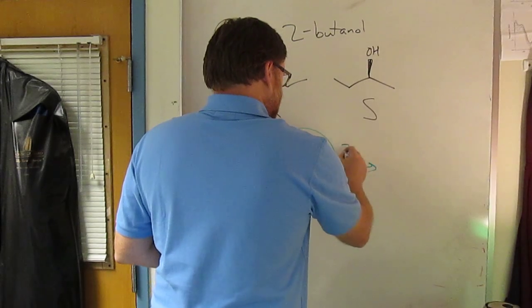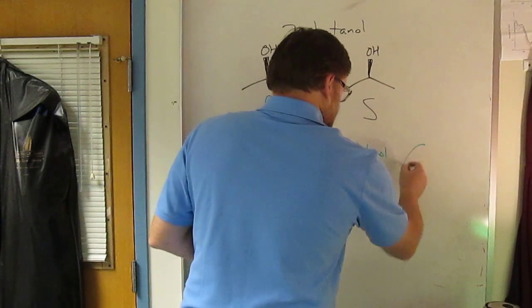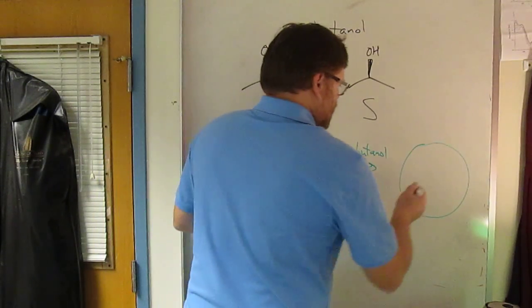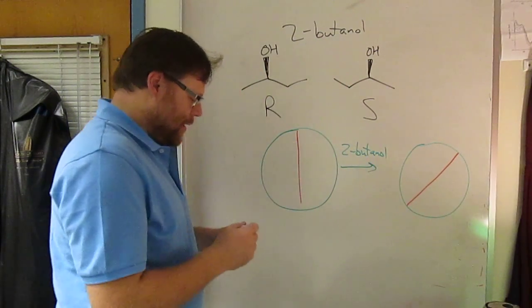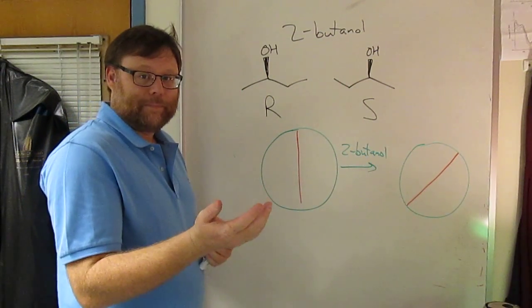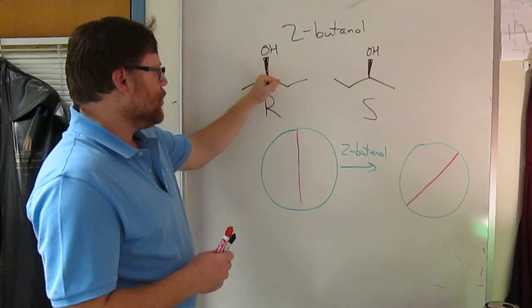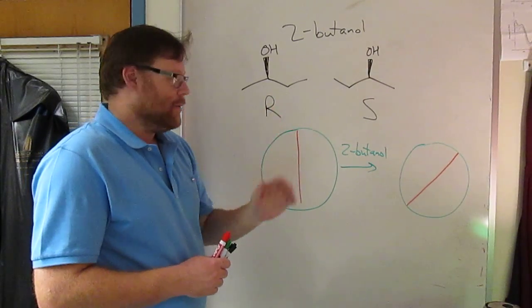Pass this light through 2-butanol, and what will happen is the plane of polarization will rotate. Basically every time a photon of this plane polarized light hits one of these molecules, the molecule rotates the plane of polarization just a little bit.